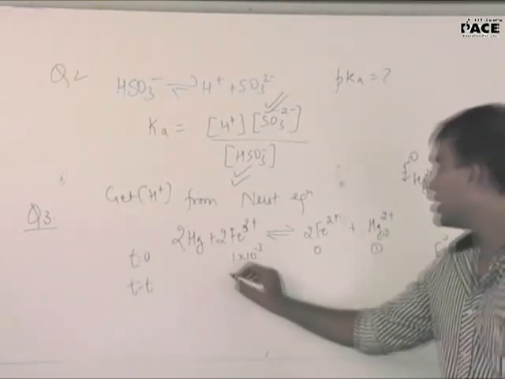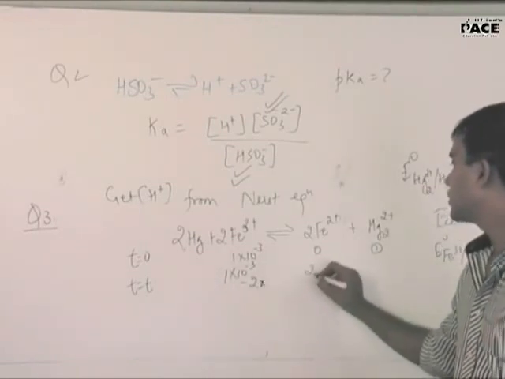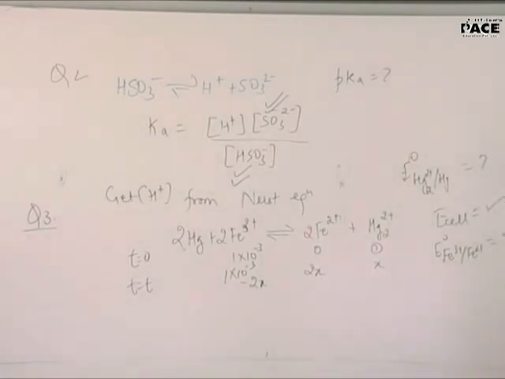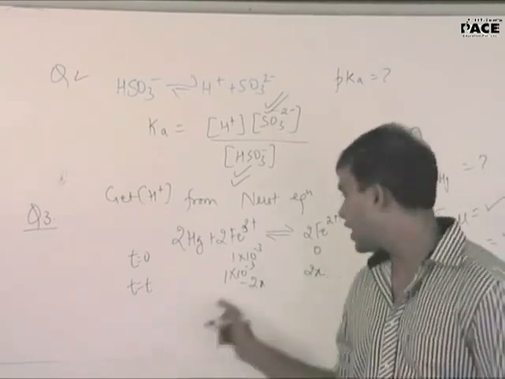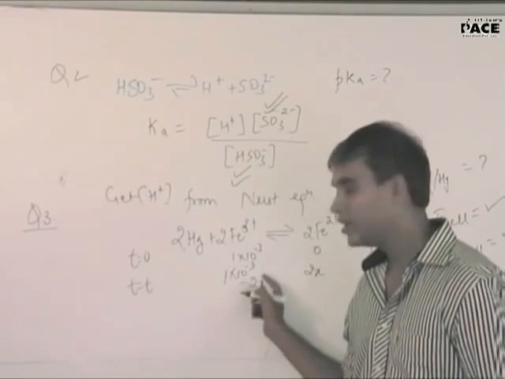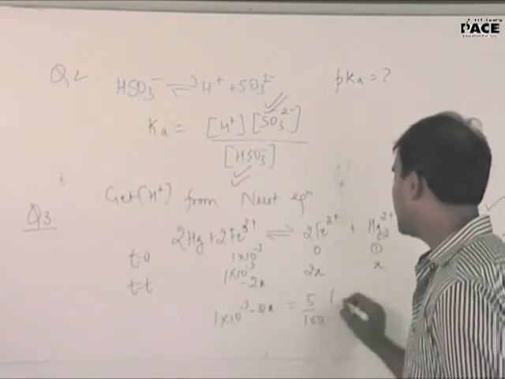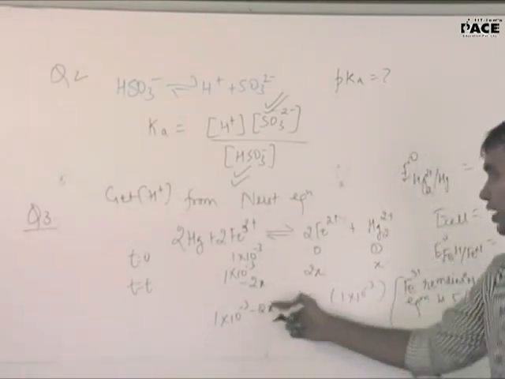So at T equal to T, if I say this is minus 2x, so this will be plus 2x and this will be x. Right? And what has been clear to you is that the Fe which is remaining at equilibrium, or which is finally remaining, is nothing but 5% of the initial Fe which is present. Fine? So you can calculate x now.